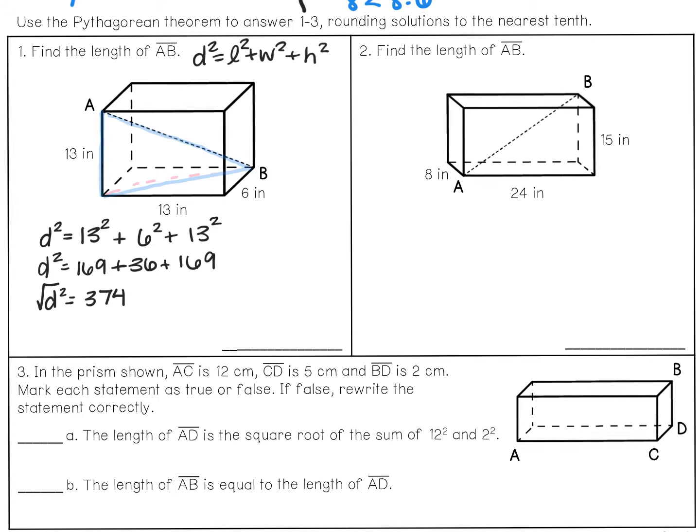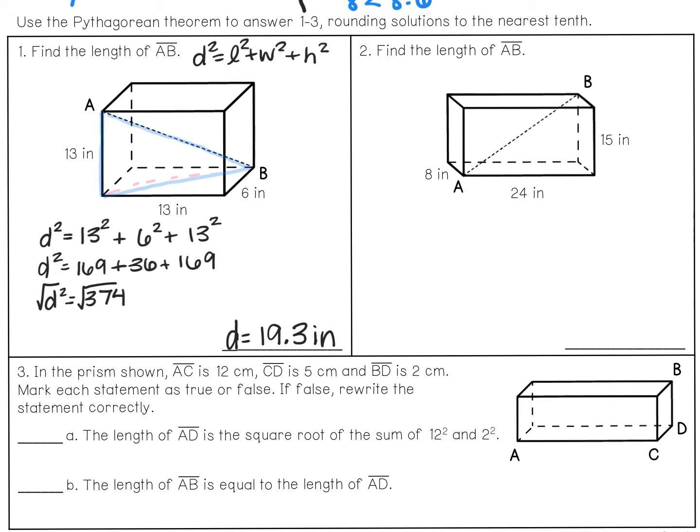I'm going to take that square root, and the diagonal equals about 19.3 inches. Remember, the direction said to round to the nearest tenth. This is a great opportunity for you to pause the video and try the second one on your own, just to make sure that you've got the concept down.